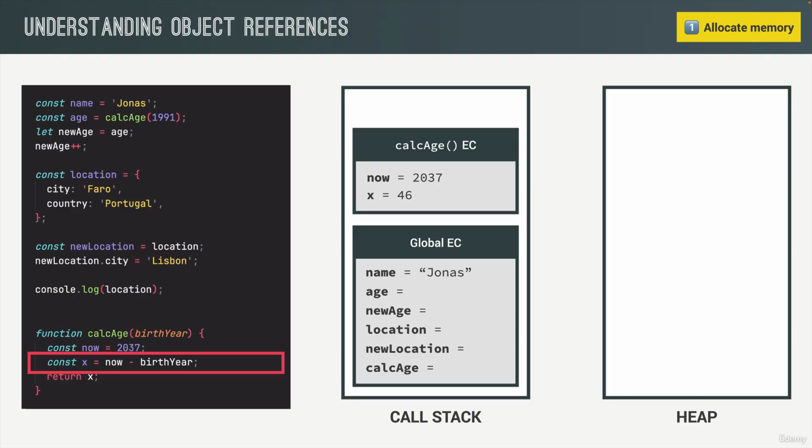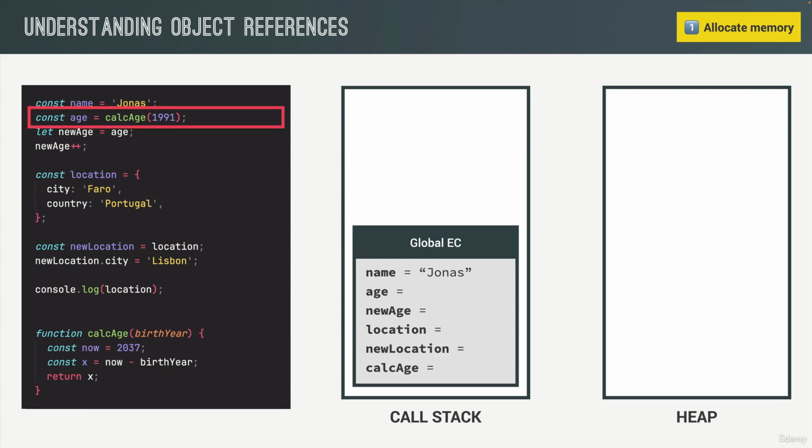And primitive values belong in the stack, as we already know. Then the function returns, and its execution context pops off the stack, and with it, the values that it was holding in its variable environment are also gone. The returned value of 46 is stored as the age variable in the global execution context as well.